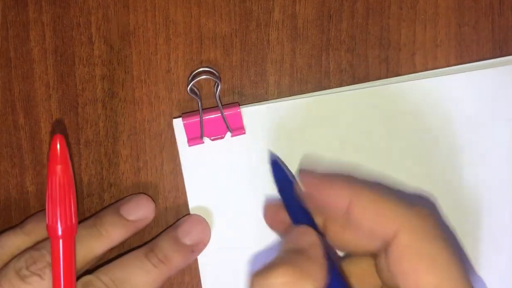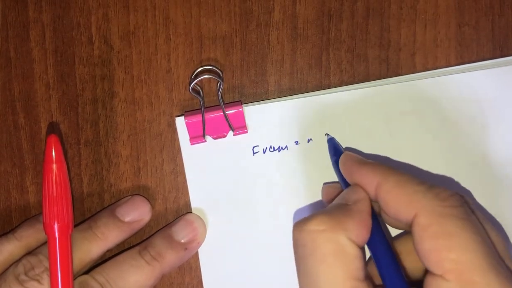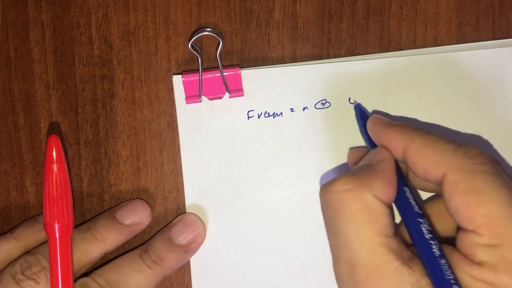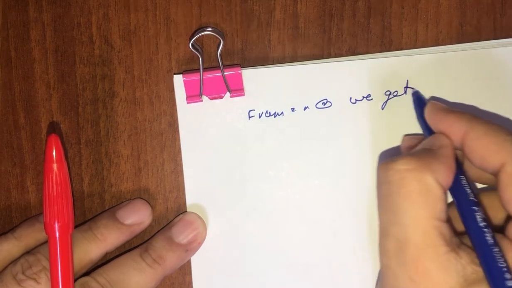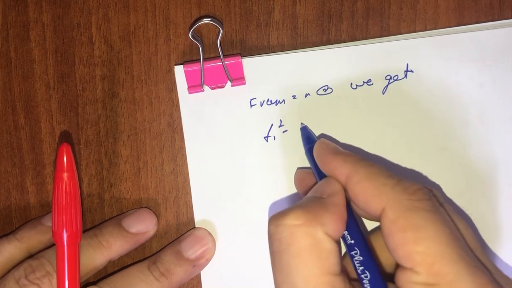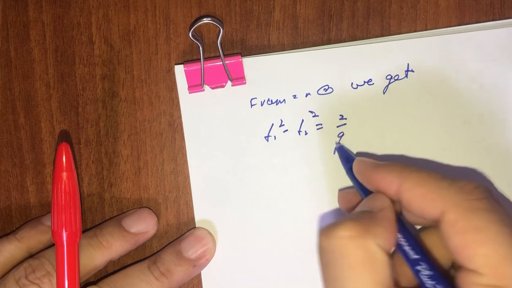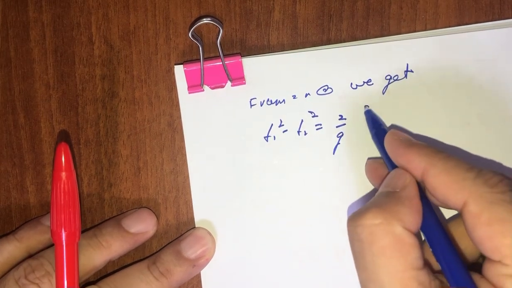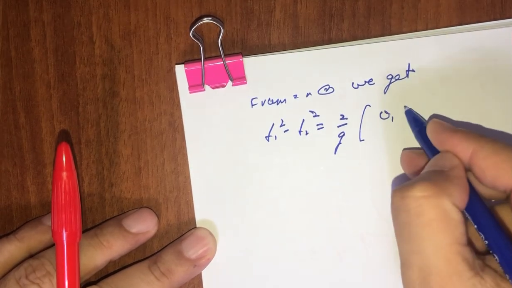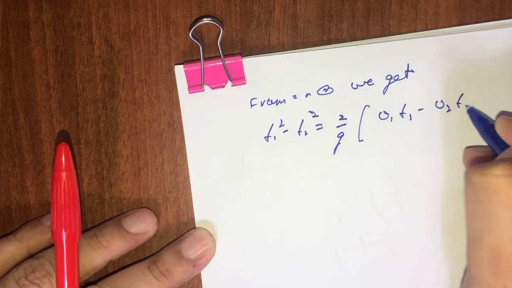So from equation 2, we get t1 square minus t2 square is equal to 2 upon g times v1 t1 minus v2 t2.